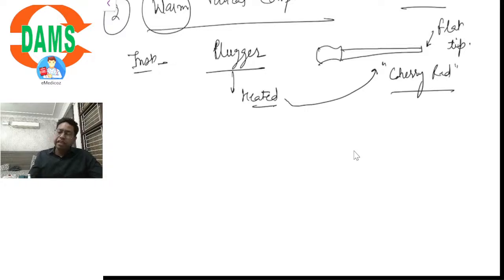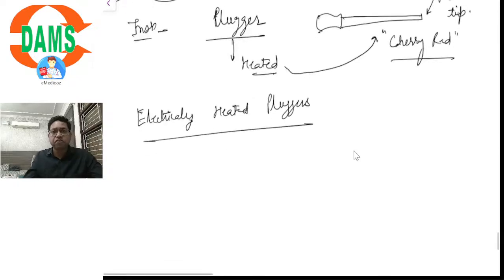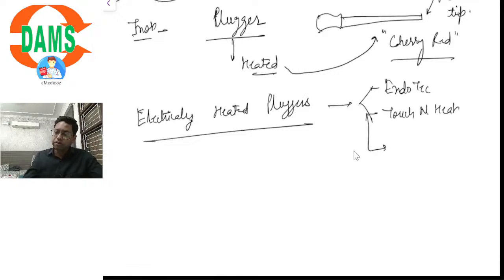There can be electrically heated pluggers also. Examples of electrically heated pluggers are Endotec, Touch and Heat, System B. But what is to remember, pluggers have a flat tip.